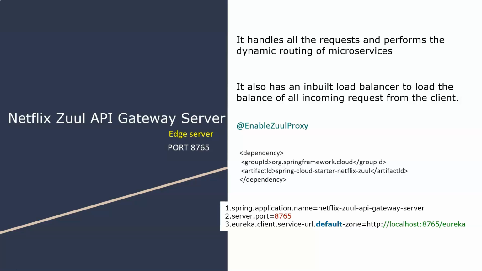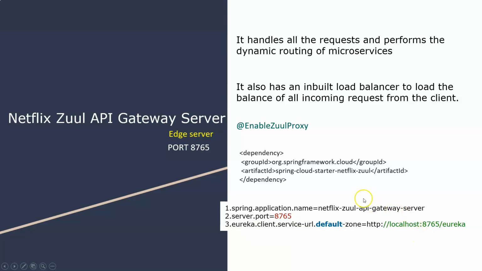Now, to make use of the Netflix Zuul API gateway, you need to make use of the @EnableZuulProxy annotation, and you need to add this particular dependency in your microservice. And these are the settings that you need to make in your application.properties file. Your application name, Zuul API gateway, runs on the default port number 8765, and here you need to mention the URL.